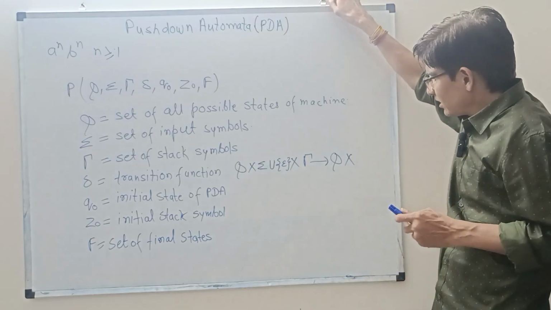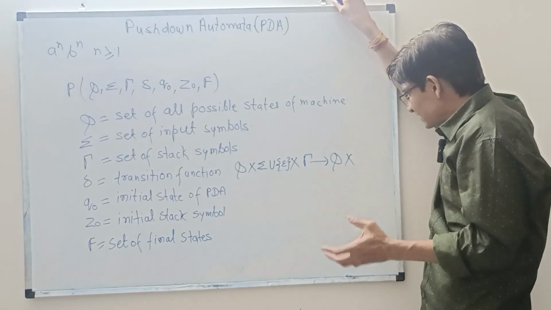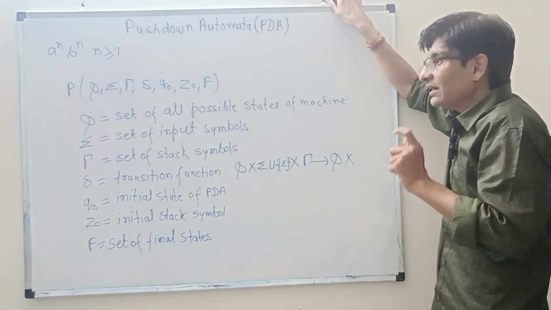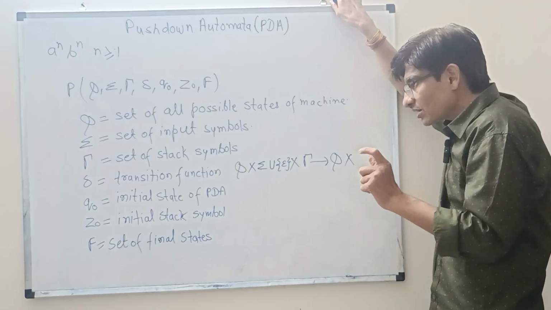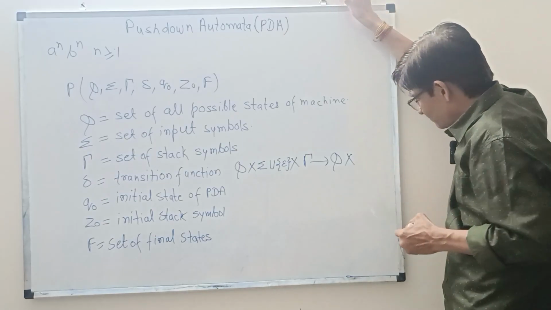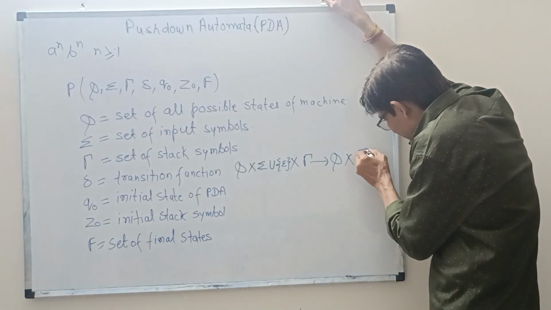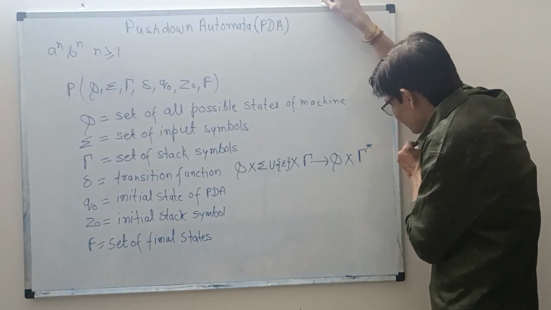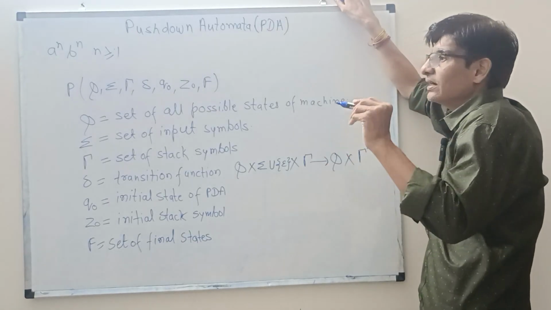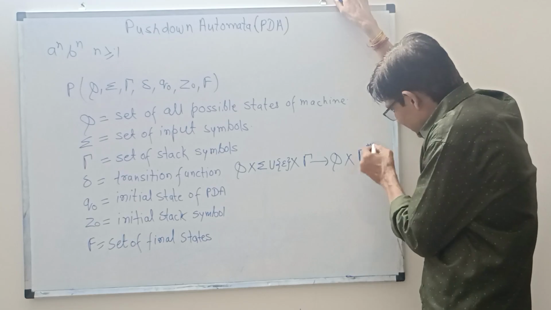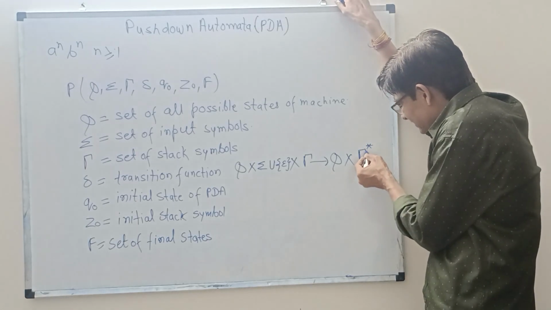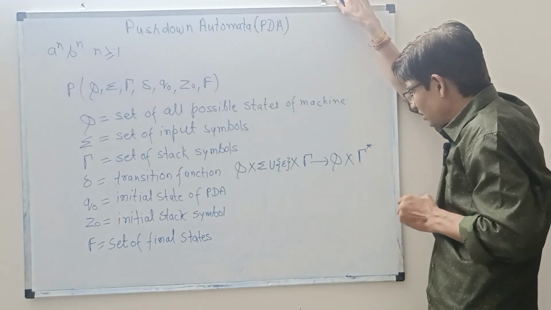If we are pushing more than one symbol at a time, then this would be a string of stack symbols, represented as gamma star, the Kleene closure of gamma. So Kleene closure of gamma represents a string of stack symbols.